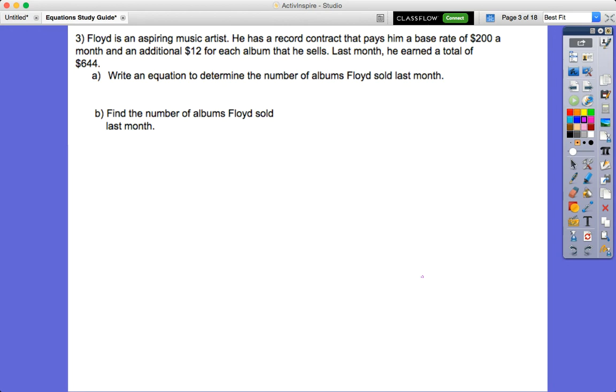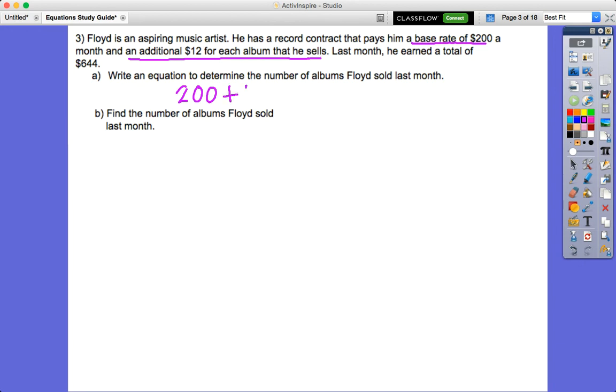So in part A, all it wants is that equation. So we have a base rate of $200. So no matter what, Floyd is going to make $200. He makes an additional $12 for each album that he sells. However, we are looking for how many albums he sold. So that's our unknown.